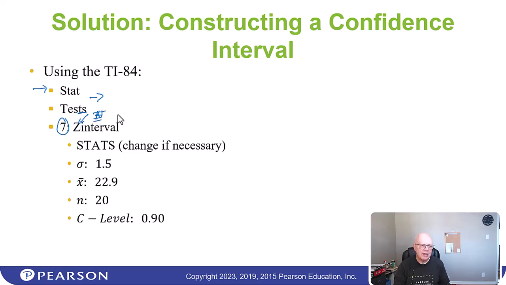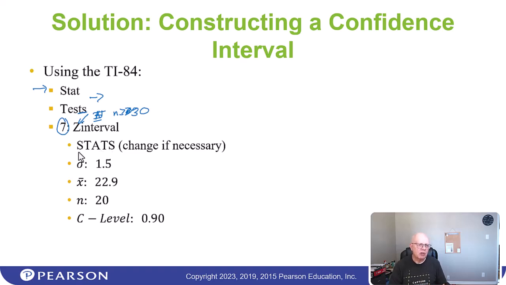If we didn't know this, then our sample size would have to be at least 30. Once you get Z interval, you're going to get a menu, or you're going to have to put it in yourself if you've got a TI-83.